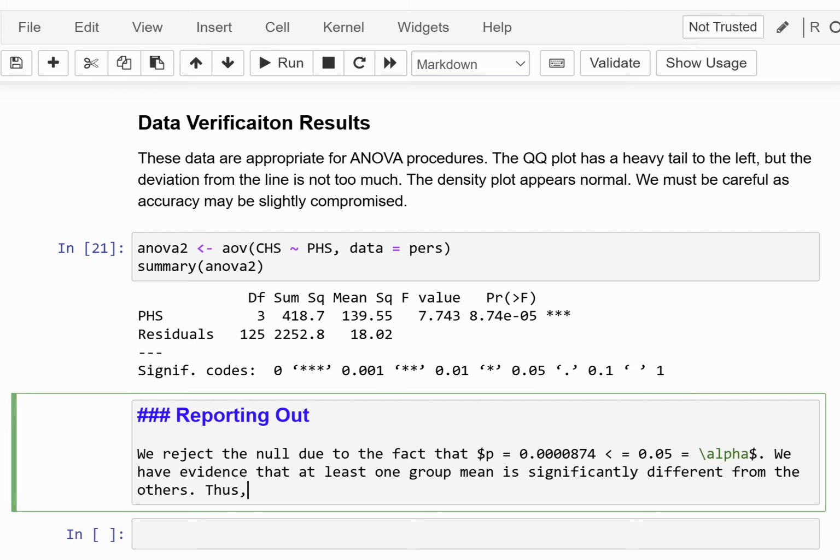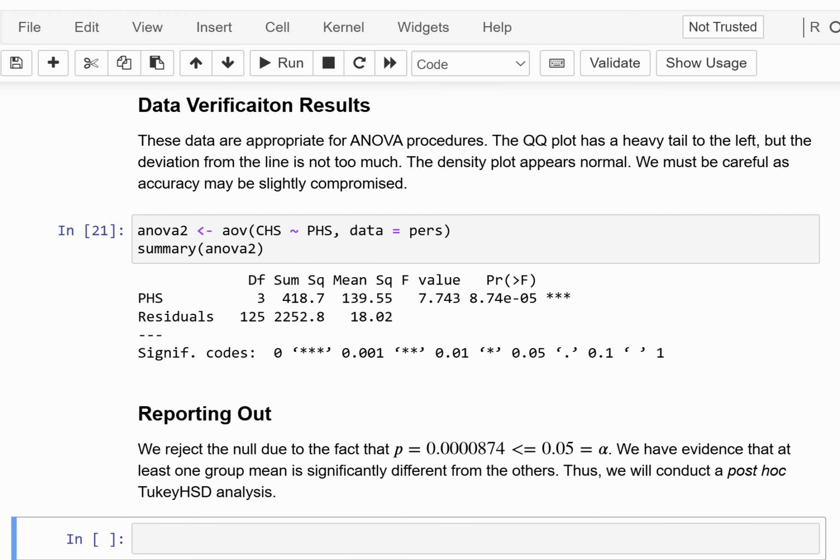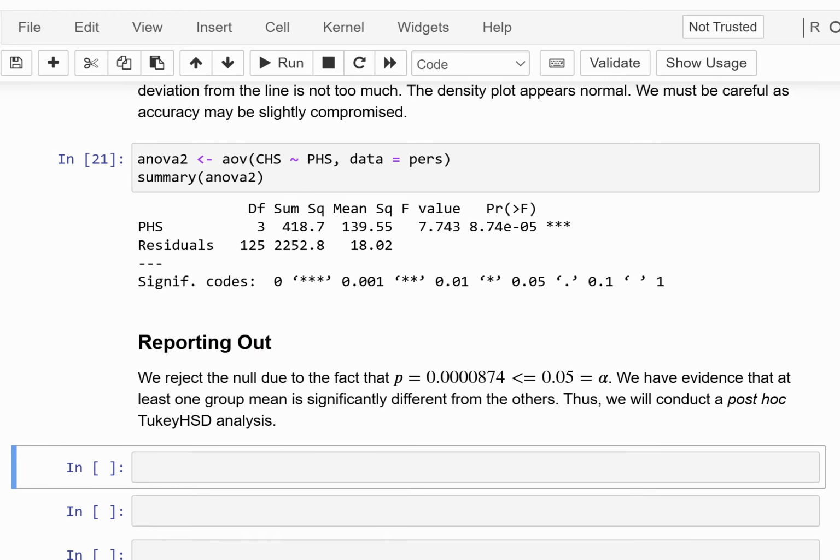Okay, thus we will conduct a post hoc Tukey HSD. You can call it test. Maybe analysis is a better word. Let me also throw in some italics around post hoc. It is Latin, so it's actually correct to italicize a foreign language, right?